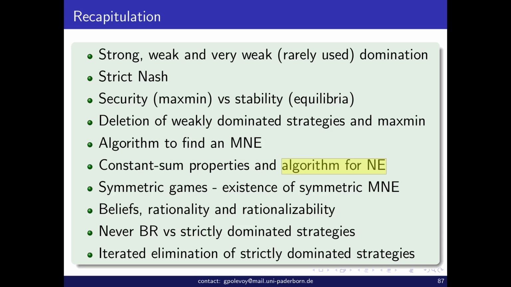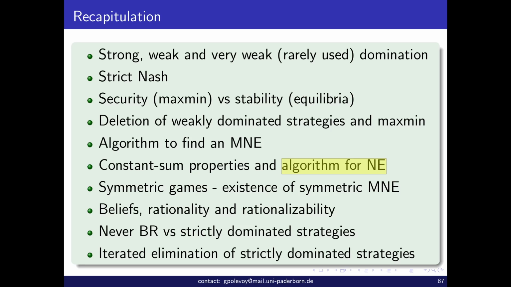What can we surely delete when we look for something which is rationalizable? Something which is never a best response, we can surely delete it, and we proved that never best response is equivalent to being strictly dominated. It's clear that strictly dominated is never best response, but the other direction is not clear, and we proved it's the same using this nice trick of defining an auxiliary zero-sum game and using the max min equals min max theorem.